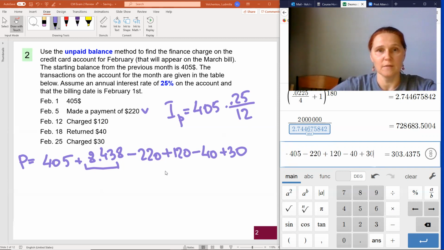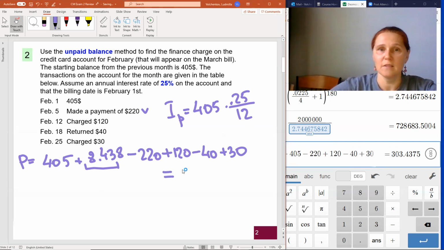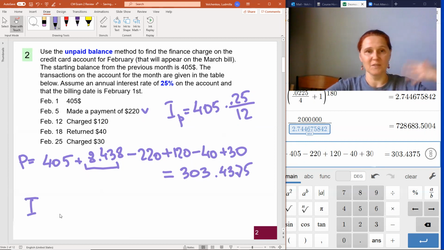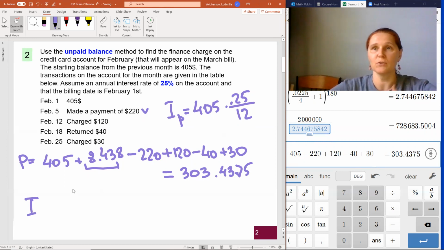So the balance at the end of the month is 303.4375. And now we have to find the finance charge for the second time. This is the finance charge that will be charged on the next month, will be added to the balance of the next month. So it is also by the formula PRT.